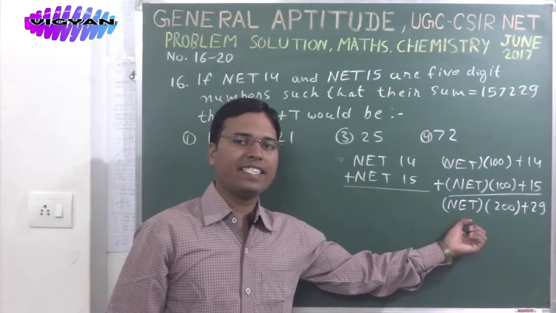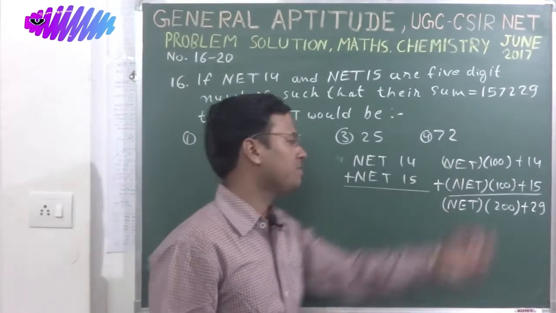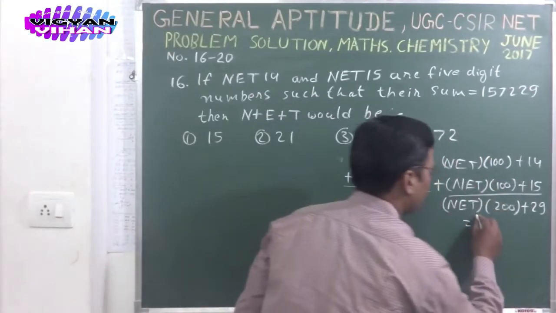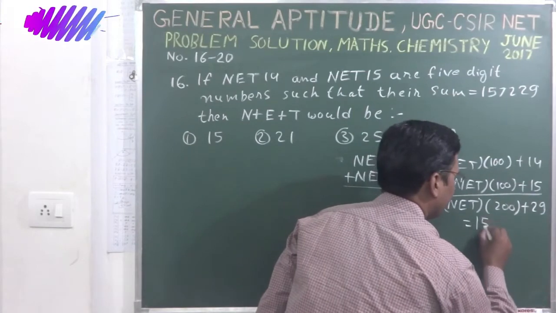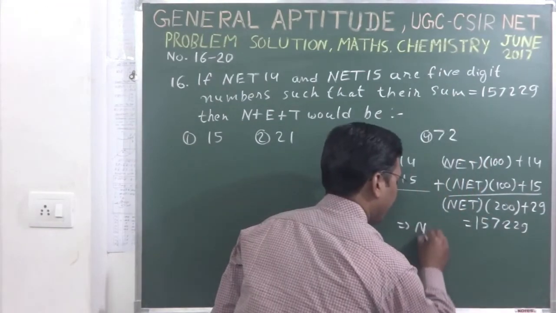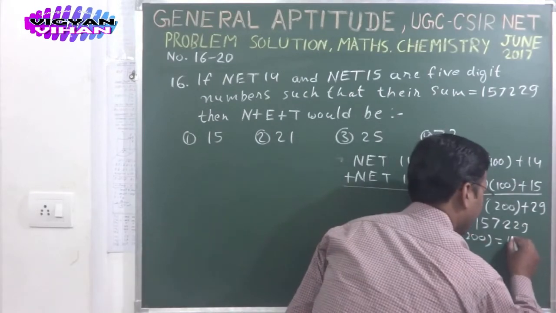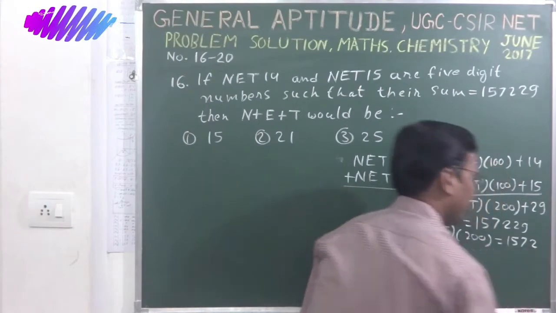Now after equating this expression with the given value of the sum, this expression is equal to 1,57,229. So NET times 200 would be equal to 1,57,200.